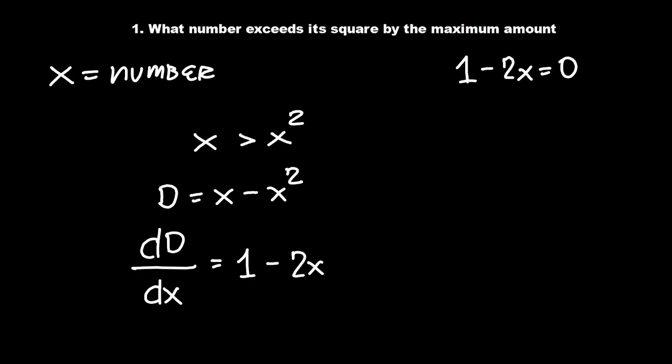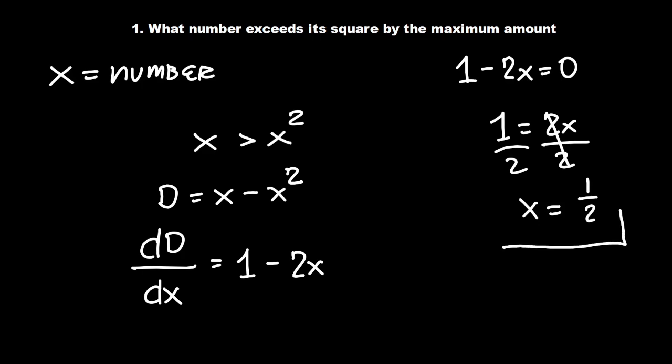After that, we must isolate x here in order to get this value. So this would be 1 equal to 2x, divide both sides by 2. x here would be equal to 1/2. So this would be our answer right here, or our mystery number.